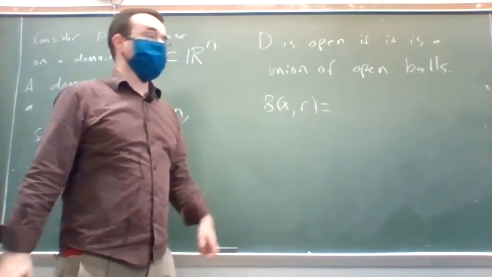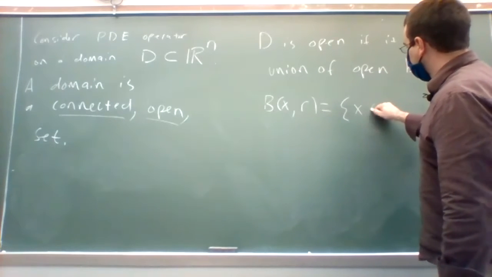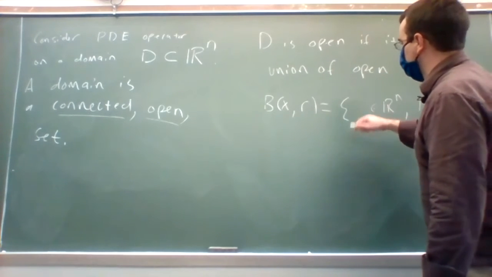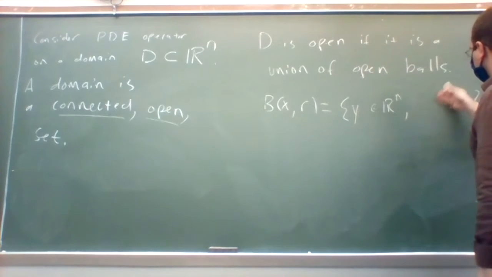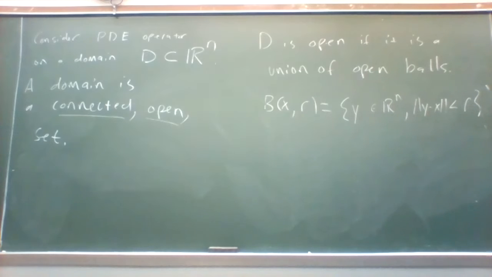Center X, radius R. The open ball with center X is the collection of points Y in Rn such that the distance from Y to the center is less than the radius R.